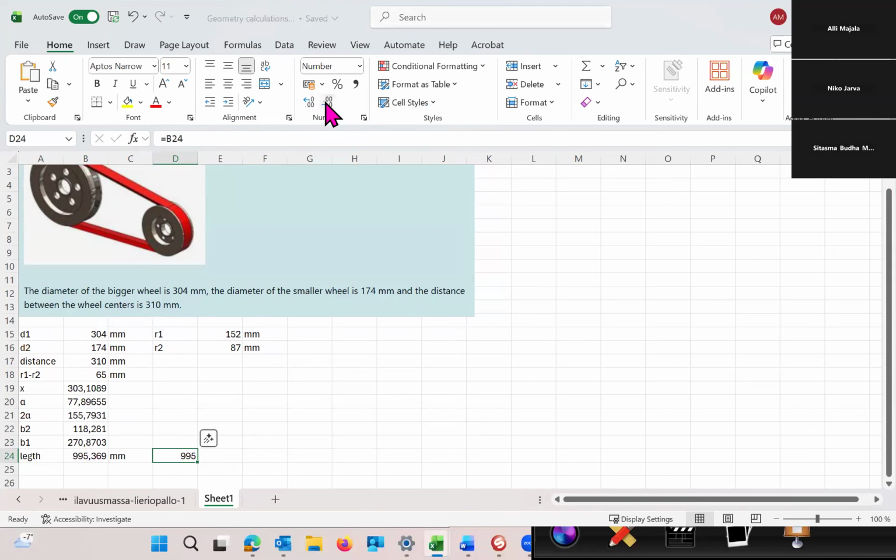Excel is nice, it can even round that stuff. It's not a long calculation in Excel. Hopefully, then I have to try if I got it correctly.